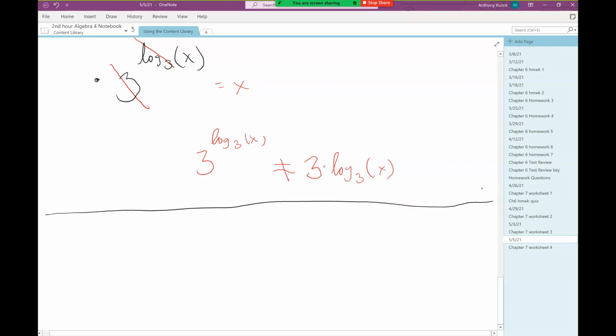Last thing I want to talk about here in this lesson is finding the inverse function.